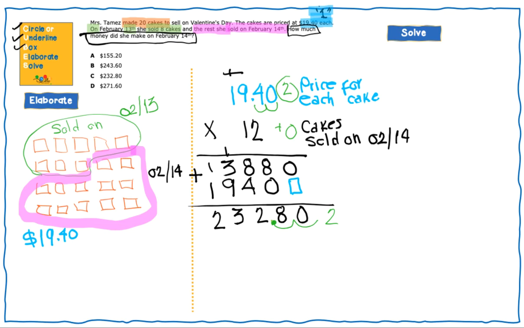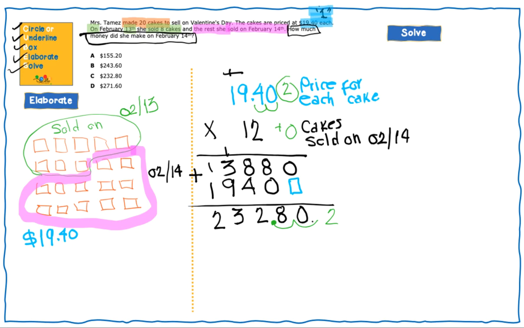At this point I elaborated a picture, and I think I solved it, but I'm just gonna read to make sure I did everything I needed to do. The money that she made on February 14. Yes, I needed to focus on this section, which represents the number of cakes she sold on that day. We repeated 19.40, which is the price for each cake, the number of cakes she sold, which is 12.